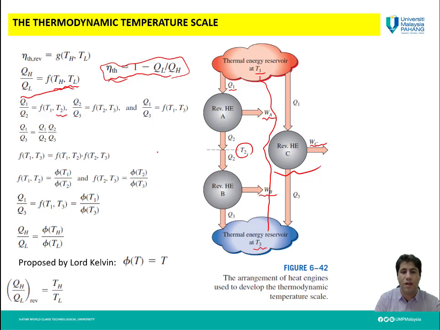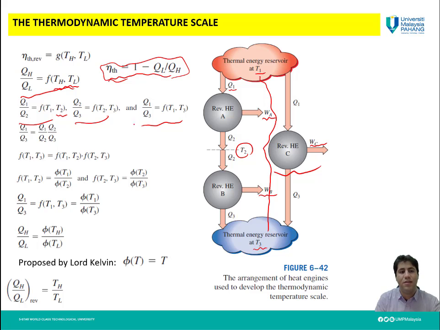This is just substitution of the values for these parameters in these two equations. And for heat engine C, we can write like this: QH is Q1, QL is Q3, which is a function of T1 and T3. We have these three equations which show the relationship between the thermal energy of those two reservoirs and their temperatures for these heat engines.